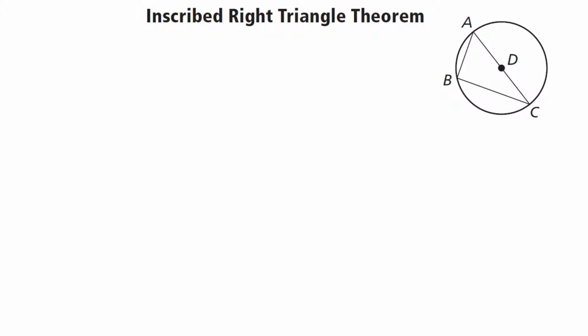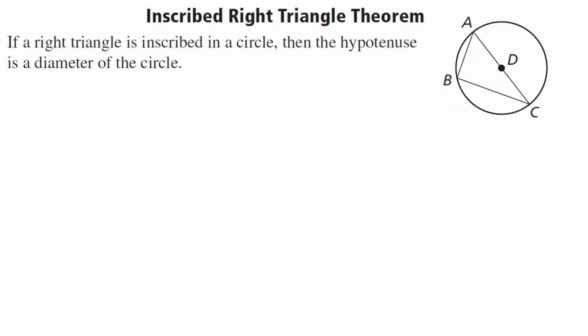Now, of all the polygons we could possibly inscribe, one of the most interesting is not only a triangle, but a right triangle. Especially a right triangle that happens to have one of the sides as a diameter.